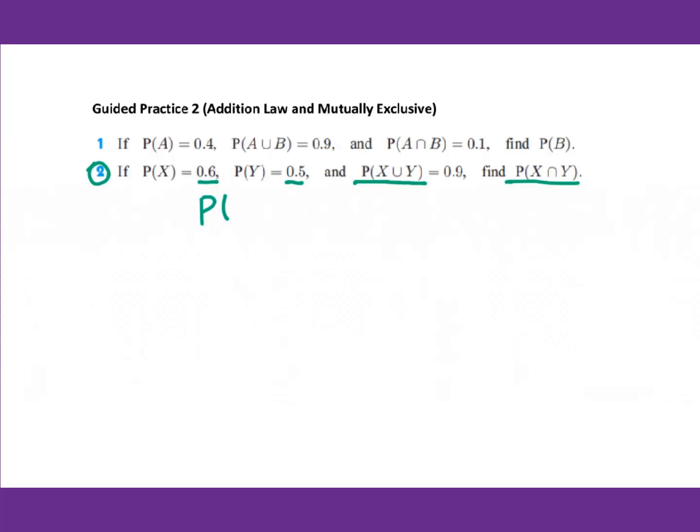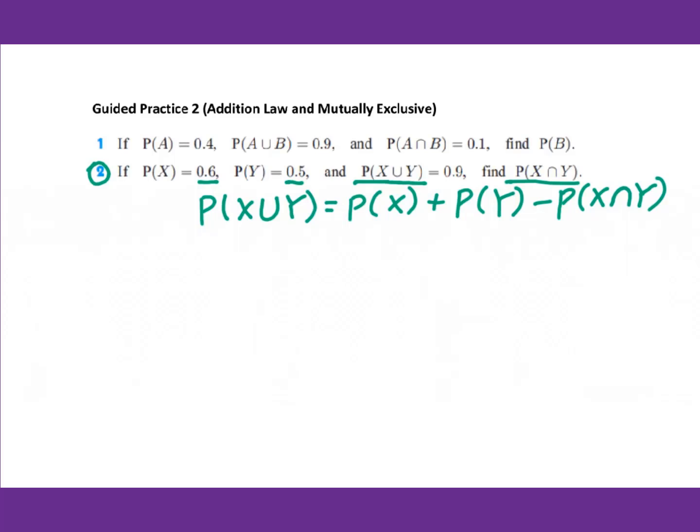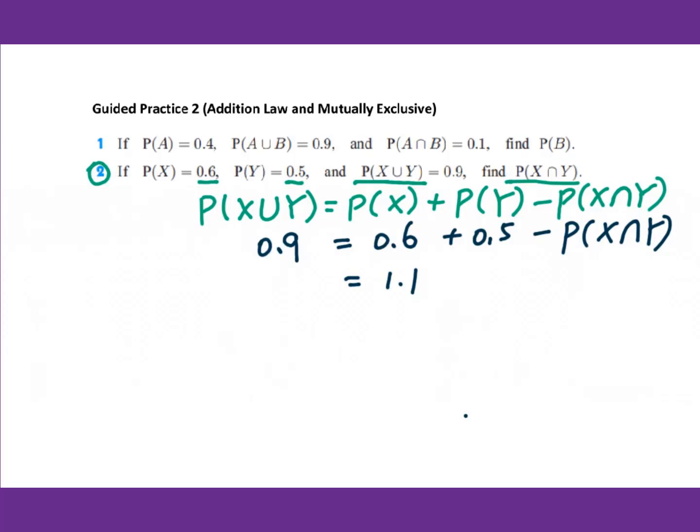So we have the probability of X or Y equals the probability of X plus the probability of Y minus the probability of X and Y. We plug in, 0.9 equals 0.6 plus 0.5 minus the probability of X and Y. So you have 1.1 minus the probability of X and Y. That's 0.9.